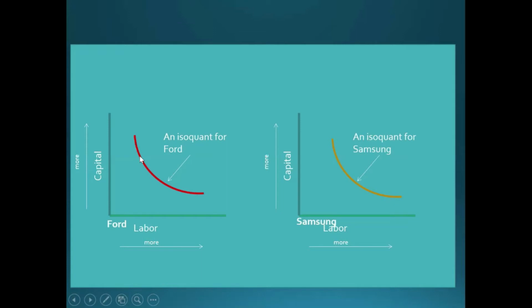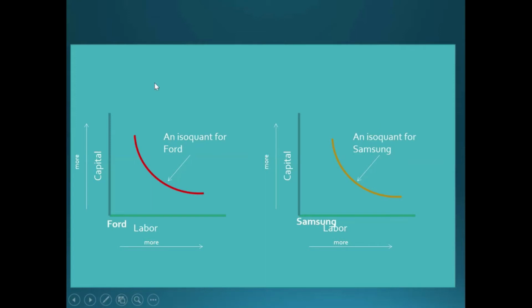All of these points on this curve produce the same amount. We might also draw the isoquant graph for Samsung. Right? Again, we have capital on the vertical axis, labor on the horizontal axis. And we have this isoquant here, which represents all the amounts of capital and labor that lead to the same total amount of output. And isoquants that lie further up and to the right imply higher total amounts produced by Samsung.